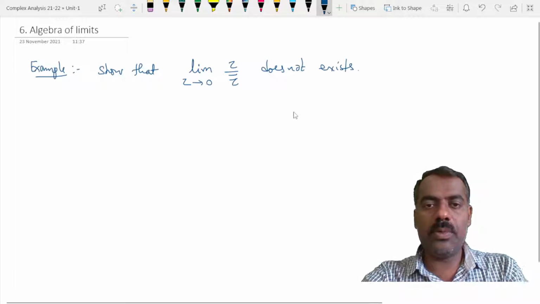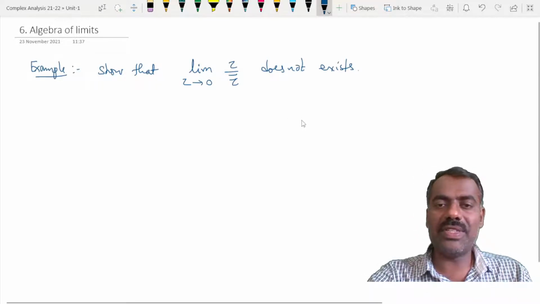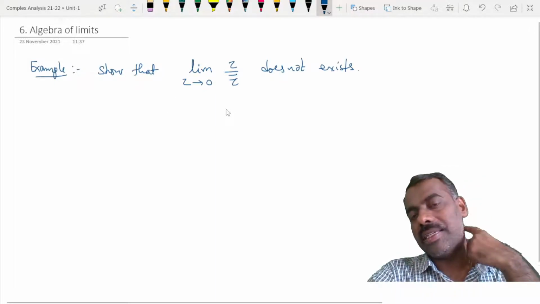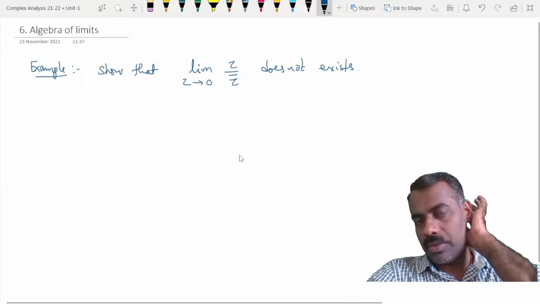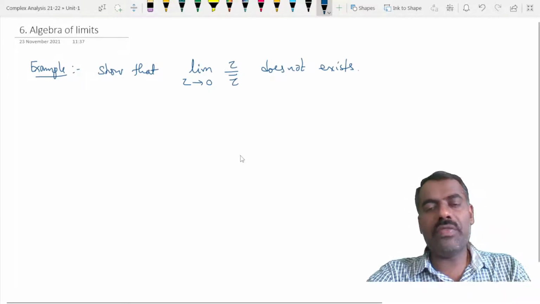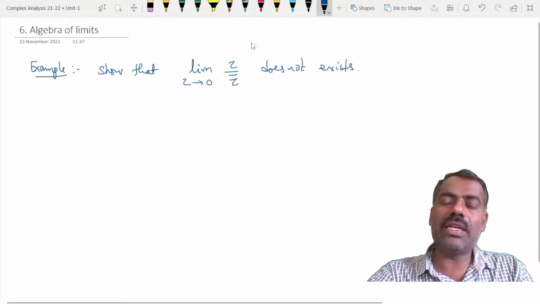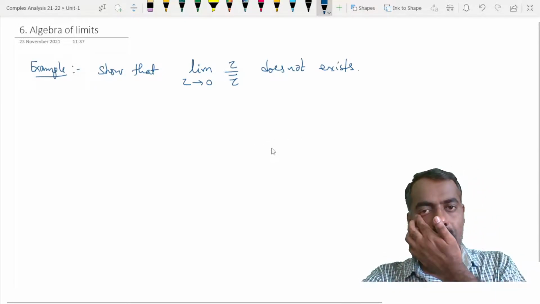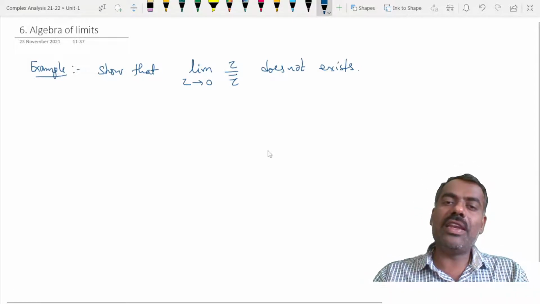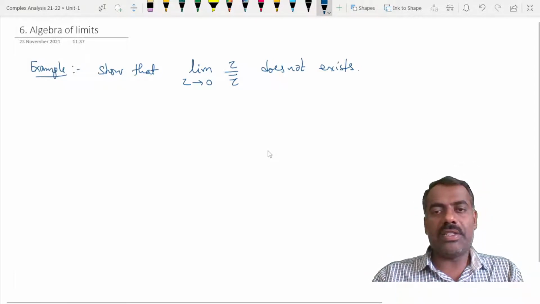So this z upon z bar is your f of z, and as z tends to 0, this limit does not exist. Two ways we can show this: one way is that if we get two different limits, then limit cannot exist, because we proved that if at all limit exists, then it has to be unique.